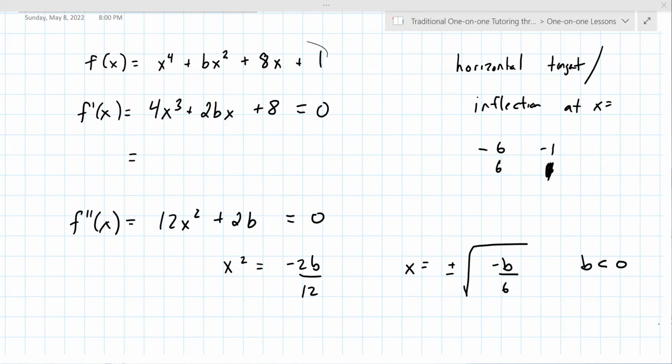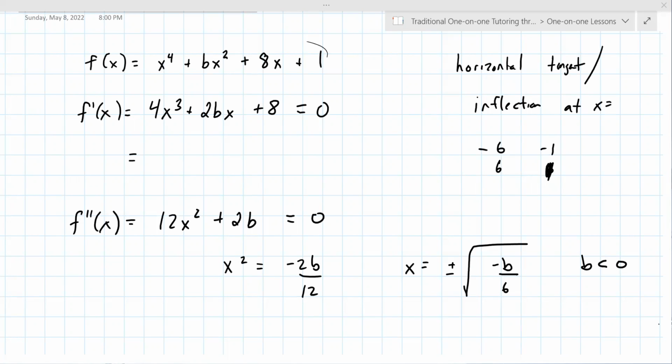This is a very obscure problem. Where did this come from? I guess that would be an important question. It's like a review book I got. All right. You said that the horizontal tangent and the inflection point are the same, but we don't know the value of b.